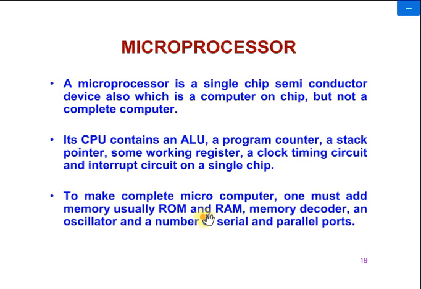So to complete the microcomputer, which the microprocessor is, we have to use the ROM, RAM. The memory decoder is nothing but it decodes the address as well as the data as per the requirement. Oscillator and a number of serial and parallel ports.